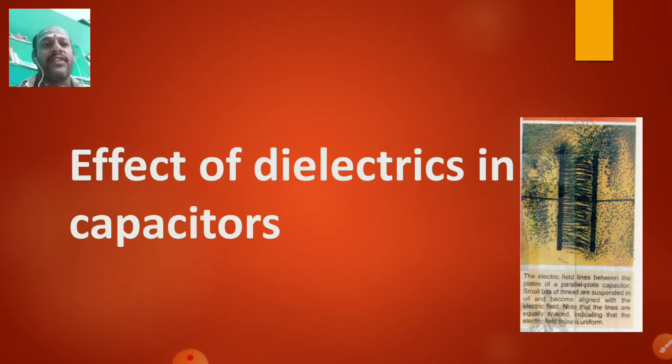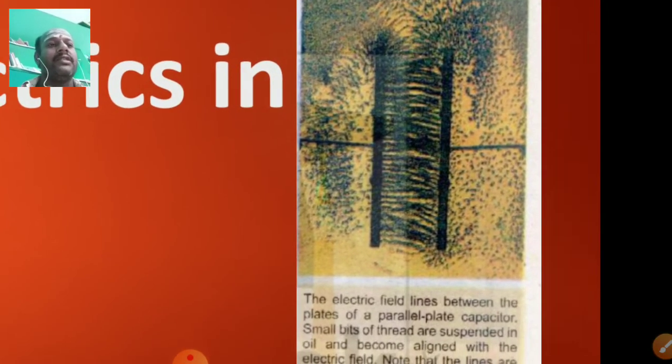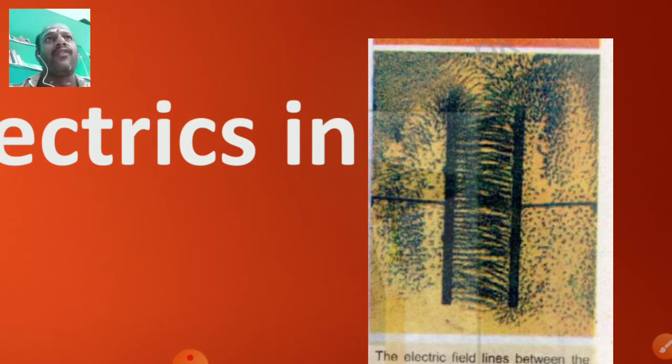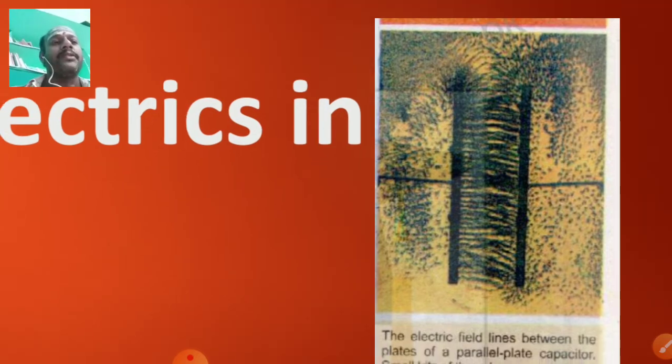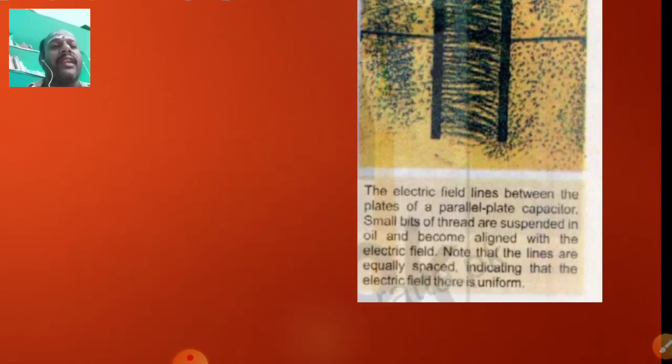The effect of dielectrics in a capacitor. Before we explain, just look at the diagram. This is a microscopic view of the sprinkles of iron filings, especially when the plates are connected across the electric field.